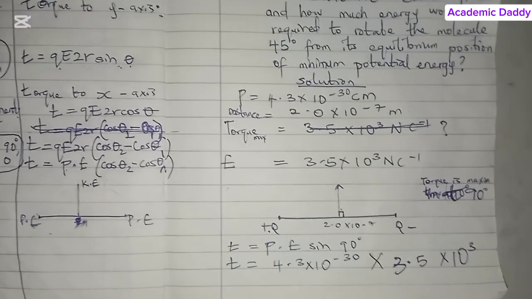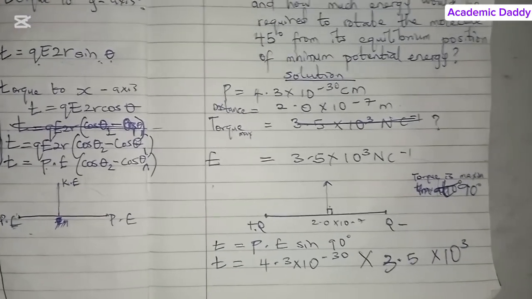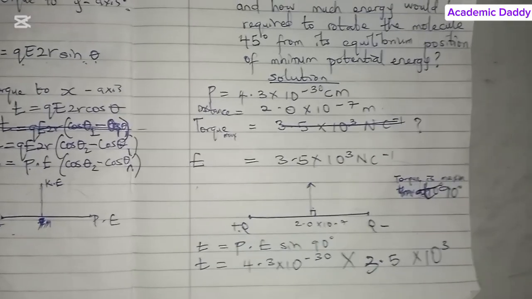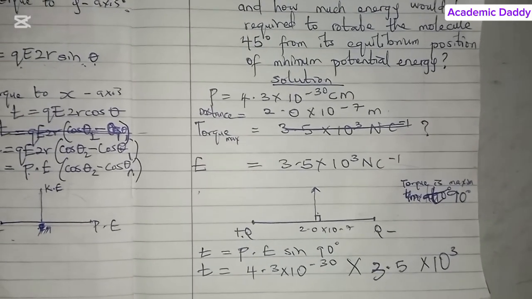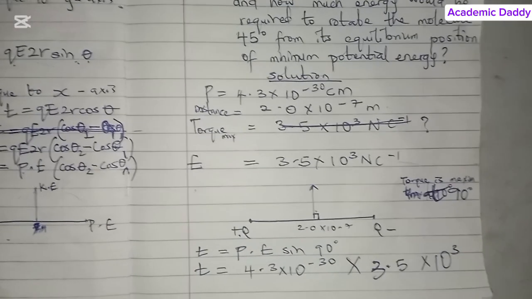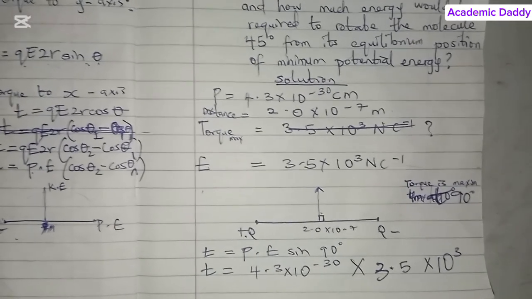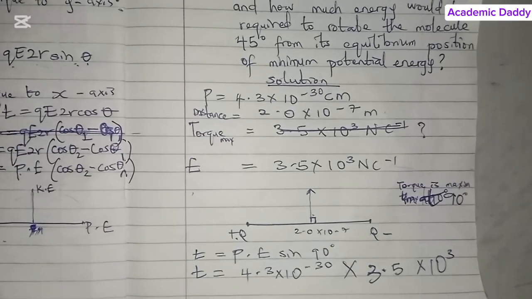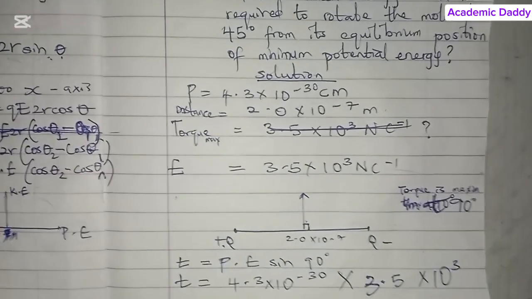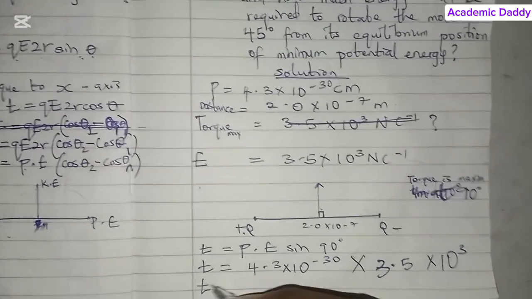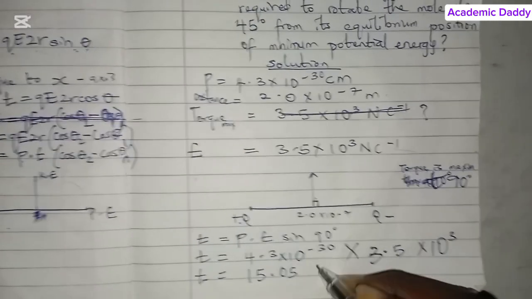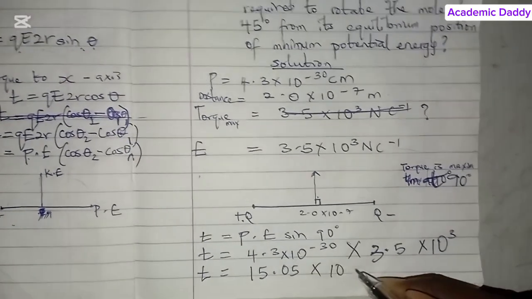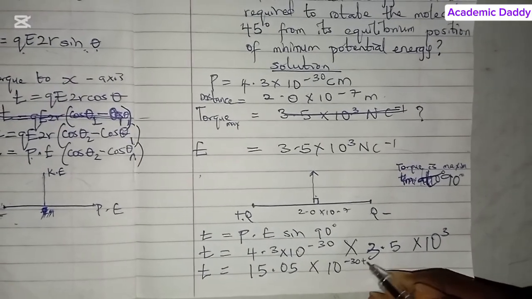So let's do the maths. So if we do it, we have 4.3 times 3.5. So I have torque to be 15.05 times 10 raised to power minus 30 plus 3.